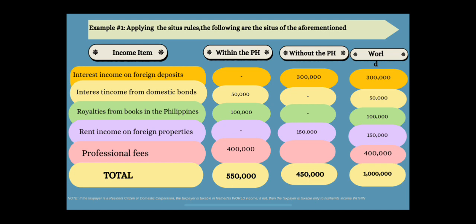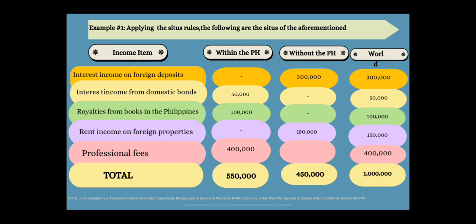from interest income from domestic bonds. For royalties from books in the Philippines, resident citizens and domestic corporations are taxed on worldwide income, including royalties from books, regardless of where the books are published. Non-resident citizens and foreign corporations are taxed only on Philippine source income, including royalties from books published in the Philippines.